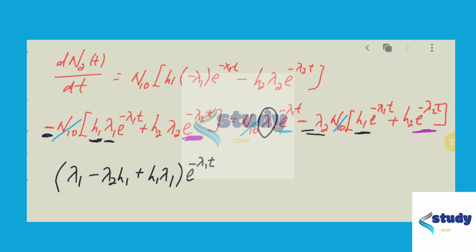Now we bring the lambda 2 terms. So we have negative lambda 2 h2, and then from the left hand side we have negative h2 lambda 2, which becomes positive on the right hand side.